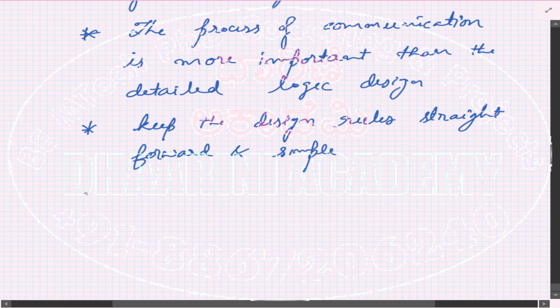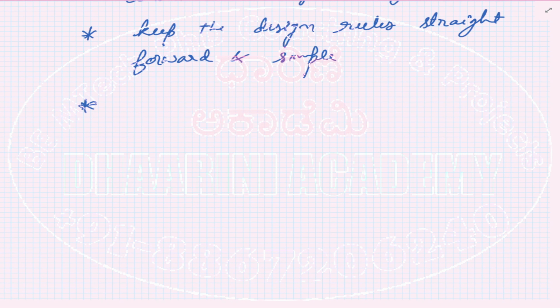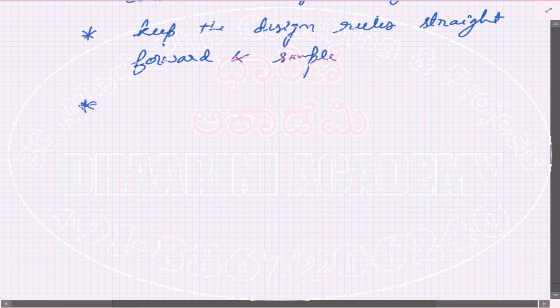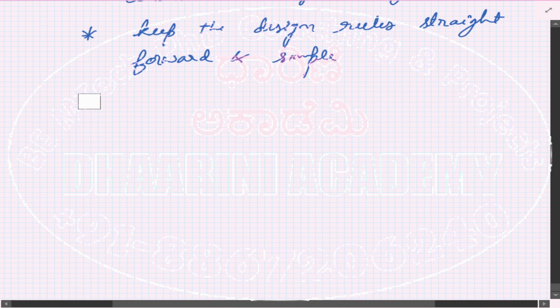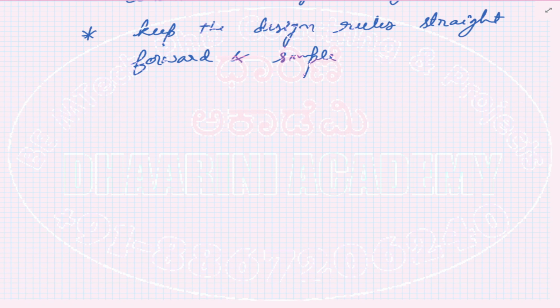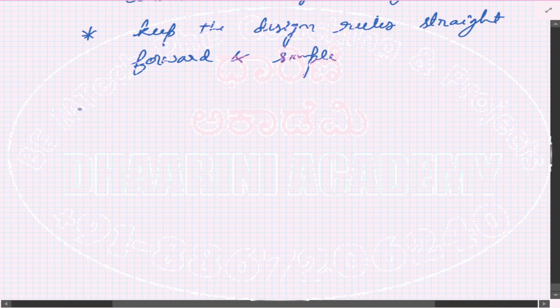We need to choose such design rules only. I think these many points we can always try to understand or observe from the design process we learned so far. Okay, then let's go to the next topic.